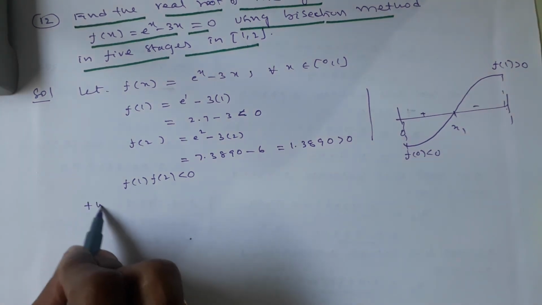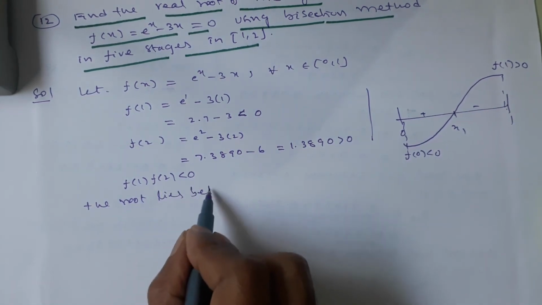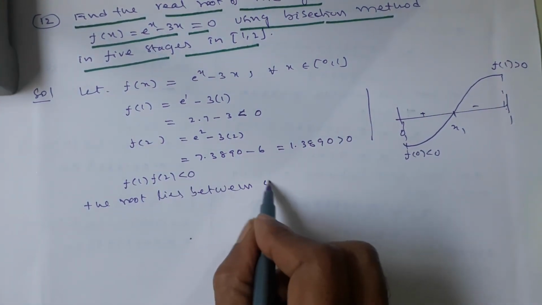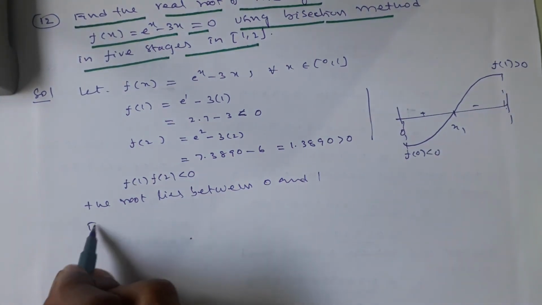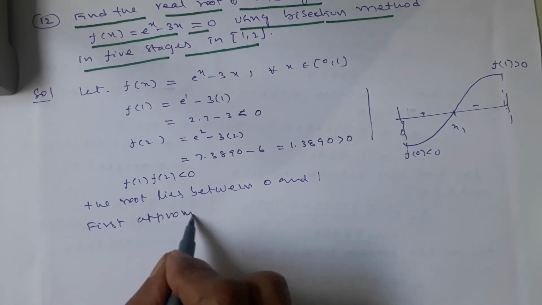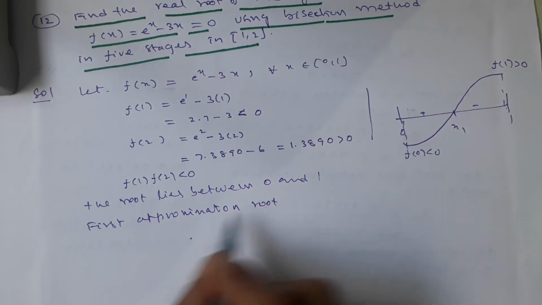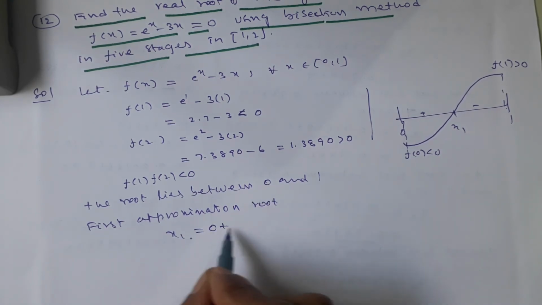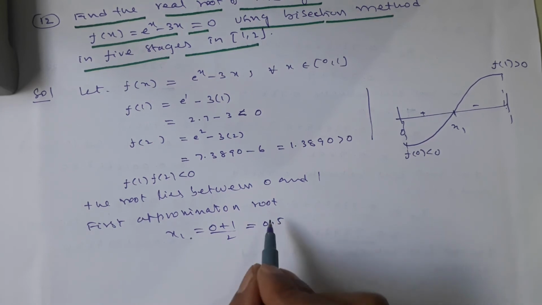The root lies between 0 and 1. So the first approximation of the root, x1, is equal to (0 plus 1) by 2, which is equal to 0.5.